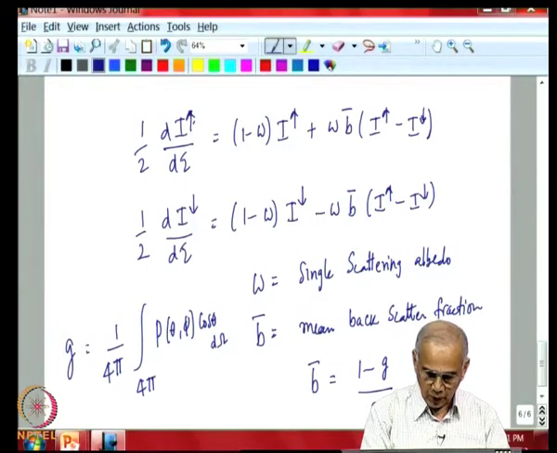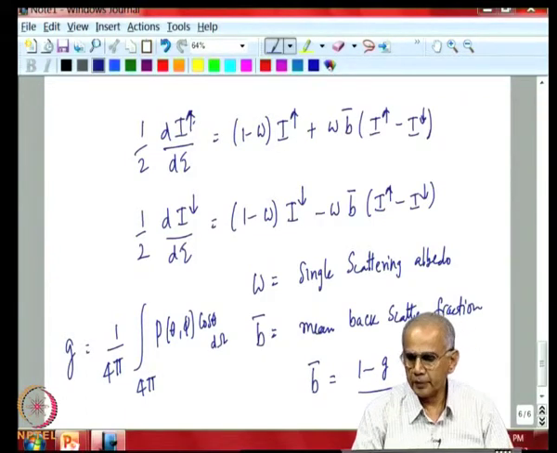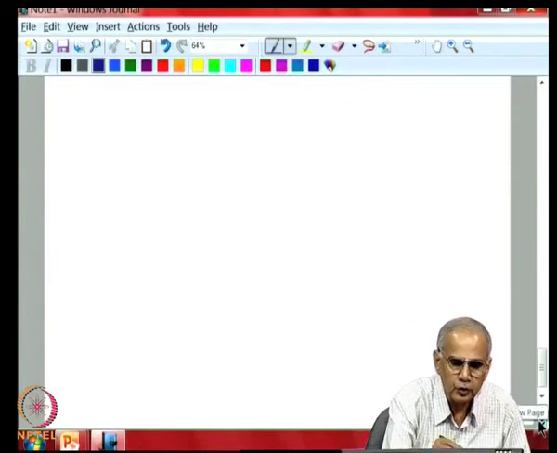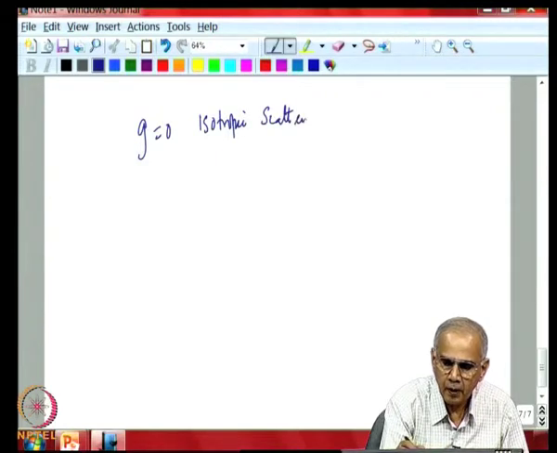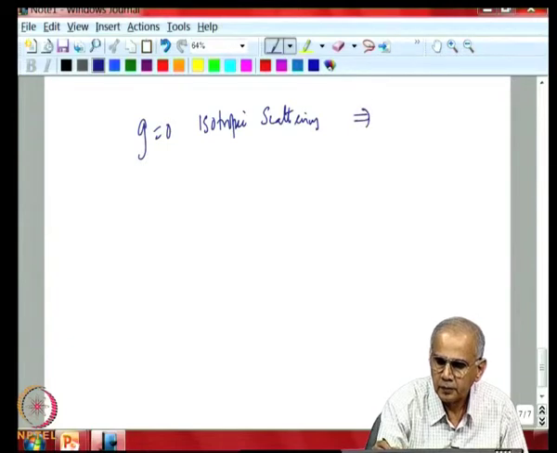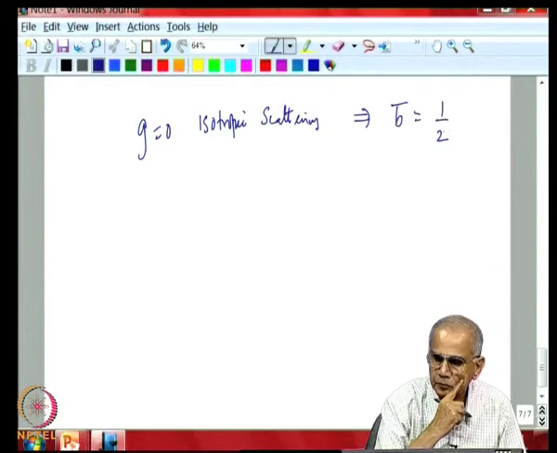Similarly, when G equals 1, there is only forward scattering. Let me put this out clearly. When G is 0, you have isotropic scattering, and hence B half has to be equal to half.